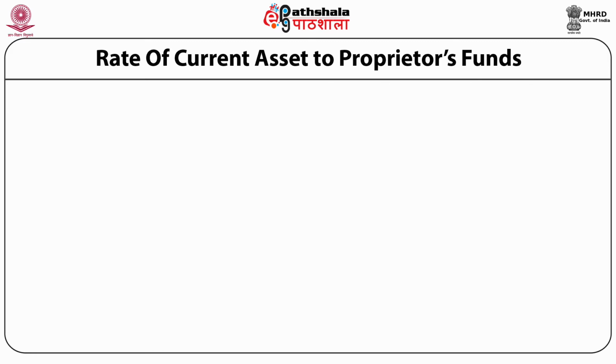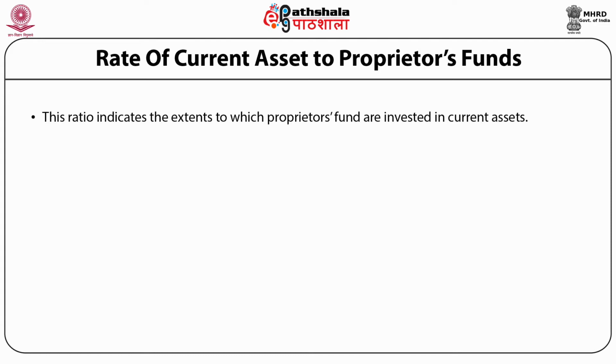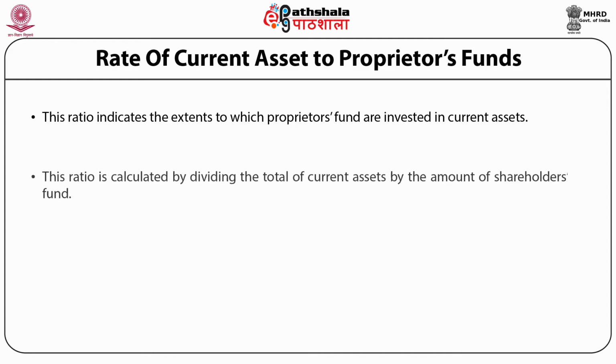Next ratio is rate of current assets to proprietors' funds. This ratio indicates the extent to which proprietors' funds are invested in current assets. This ratio is calculated by dividing the total current assets by the amount of shareholders' fund.